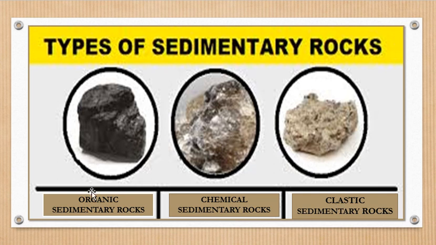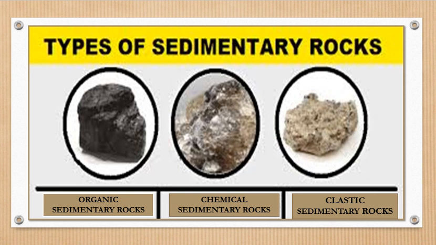Again, organic sedimentary rocks are formed from organic remains or living things, chemical sedimentary rocks come from chemical precipitates, and clastic from non-organic remains or sediments. These are the types of sedimentary rocks.